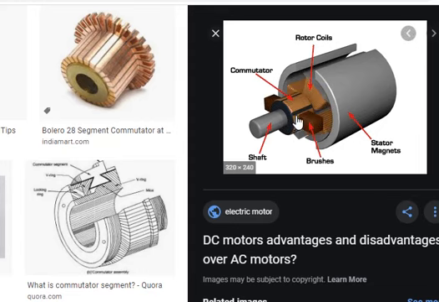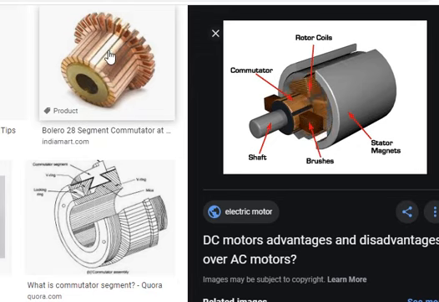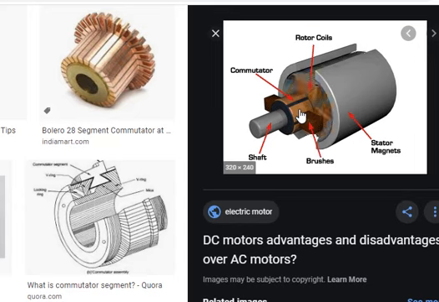I just wanted you to understand how the commutator looks. You can see this is an example of many commutator segments. Our example has only two commutator segments. One side is one and the second side is another, so it is complete copper. And you can see in between there is insulation, that is mica. It separates the two segments, and the brush is connected on top of both of them.